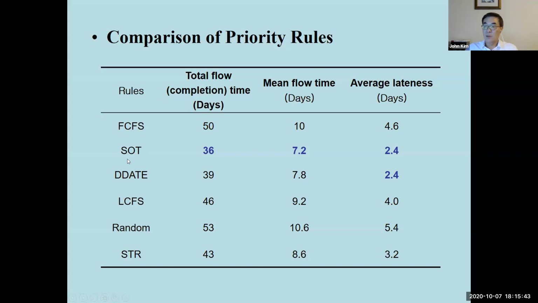So if we can use this SOT rule in the real world, this one works. But sometimes it's harder to adopt this rule. But if we can, then this one is always the fastest sequencing rule. Otherwise, maybe the due date rule is shortest.